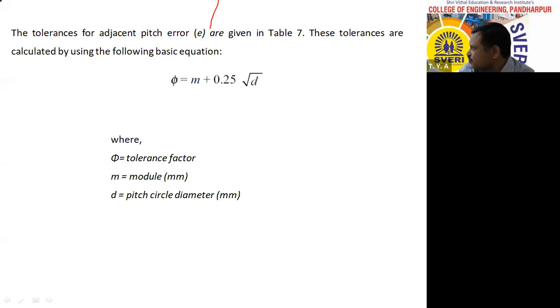Phi is equal to m plus 0.25 into root d, where phi is equal to tolerance factor, m is equal to module in mm, and d is equal to pitch circle diameter in mm.